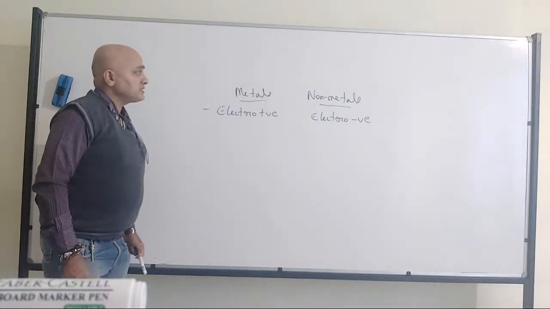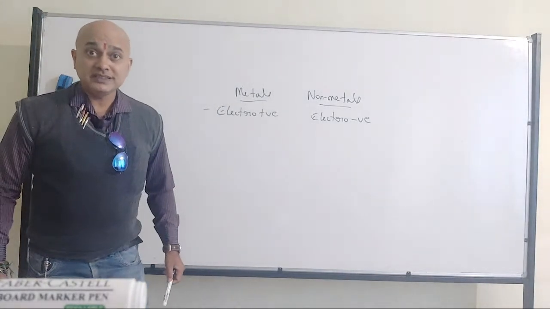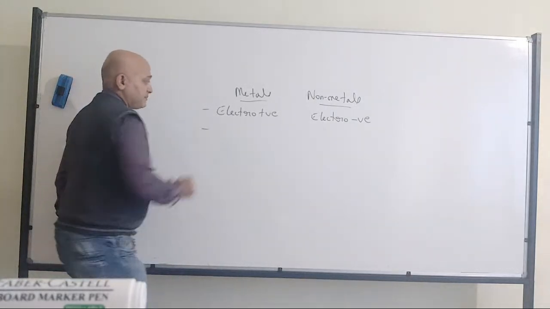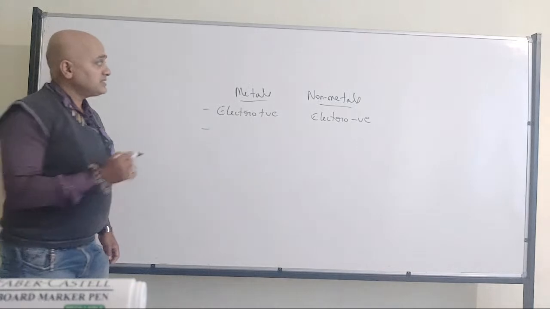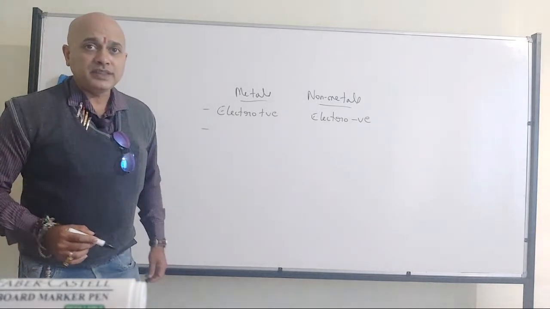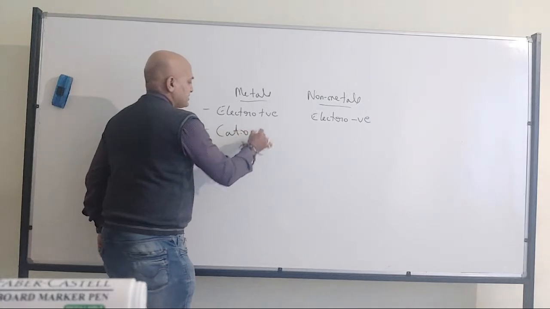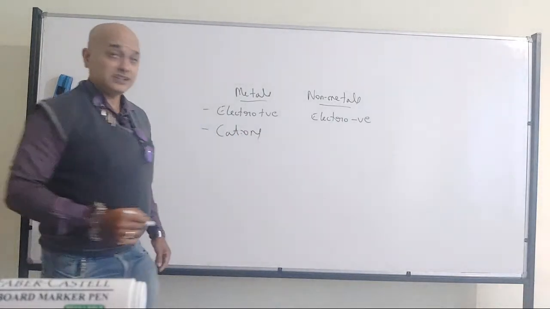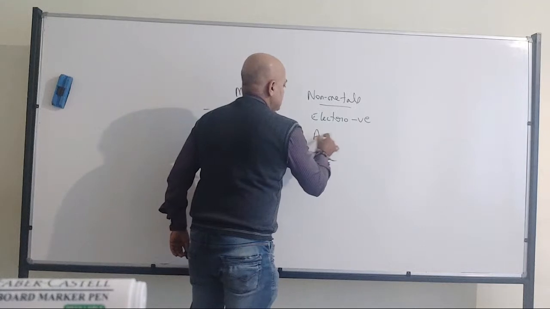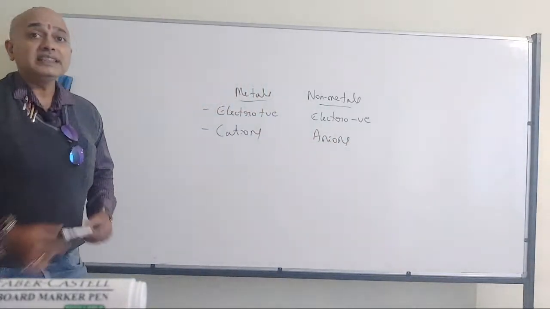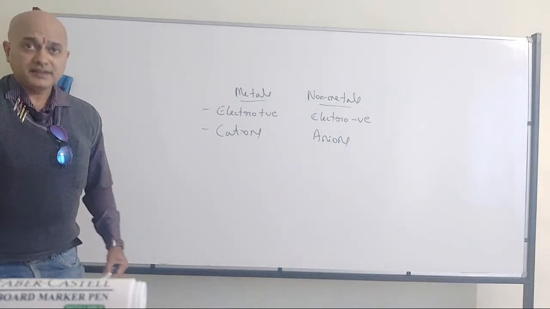So electropositive and electronegative, that is the major difference between metals and non-metals, right? Naturally, since they are electropositive, they can easily become cations due to the electropositive character, and they can easily become anions due to the electronegative character, right?